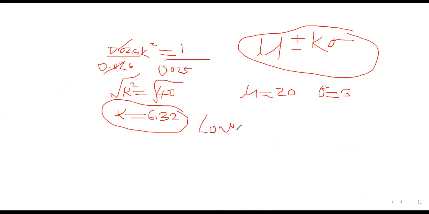So the lower range is going to be mu minus K times the standard deviation. That means 20 minus our K, 6.32, multiplied by 5.